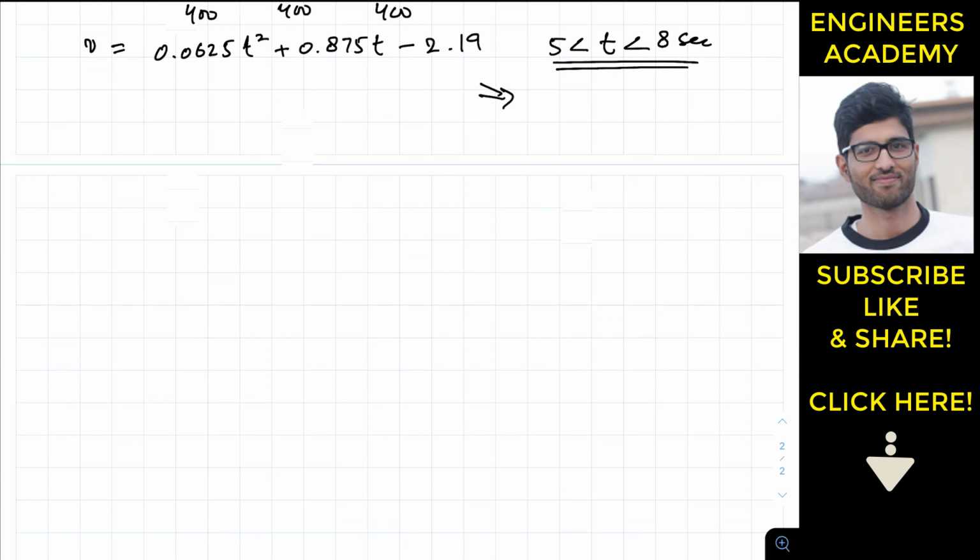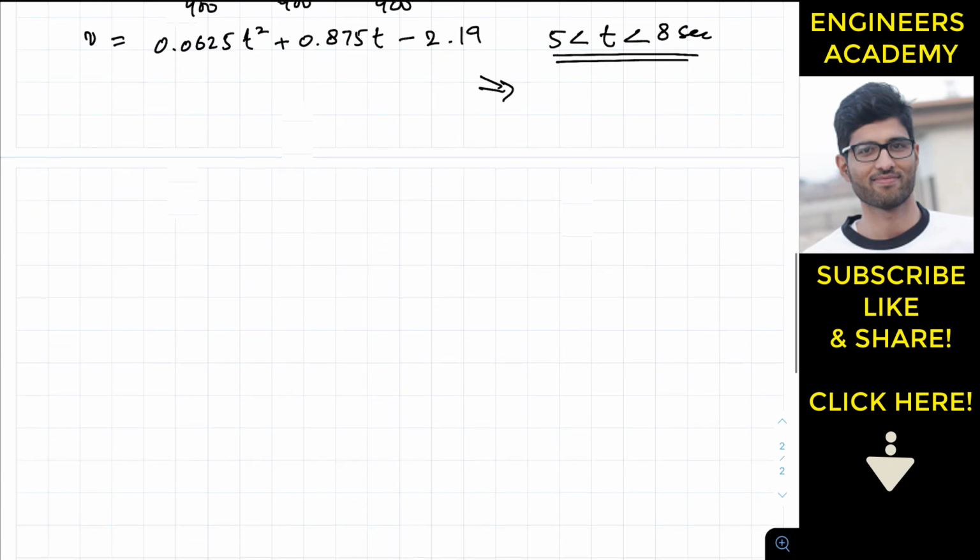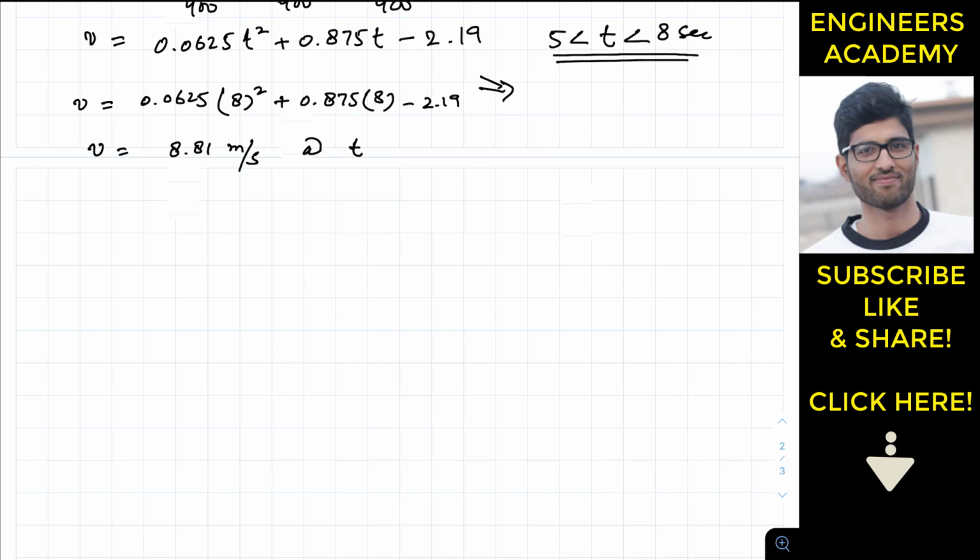So v equals 0.0625 into 8 square plus 0.875 into 8 minus 2.19. So the velocity comes out to be 8.81 meter per second at t equals 8 seconds. So this is that velocity which was required.